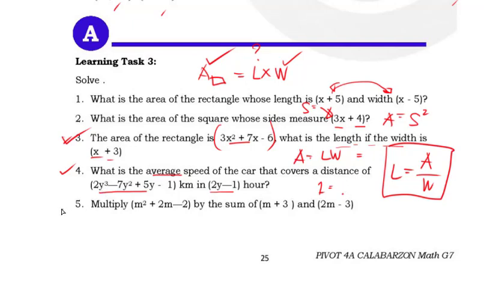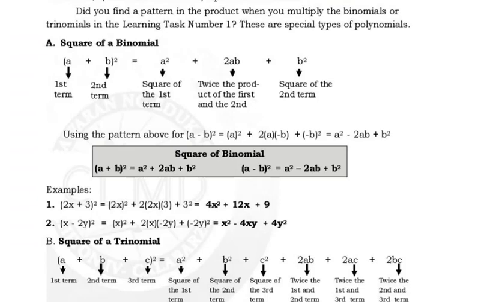So, number 5, multiply 2m, m square plus 2m minus 2 by the sum of m plus 3 and, so, you need to add, then, multiply nyo po doon sa trinomial na ito. Okay? So, yan po ang ating discussion about laws of exponent and its application.